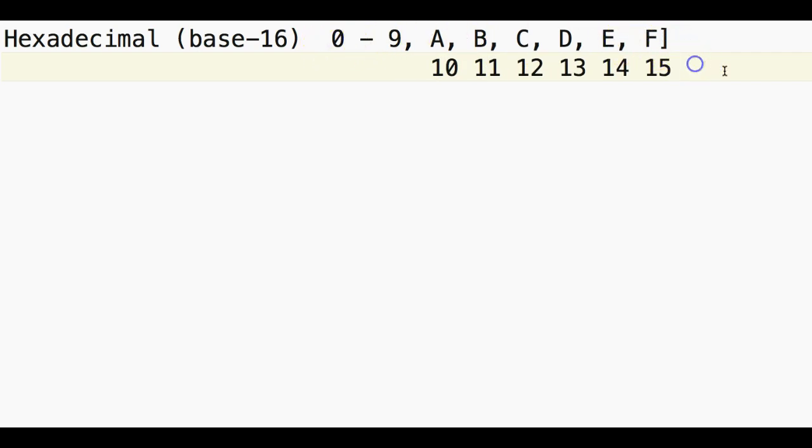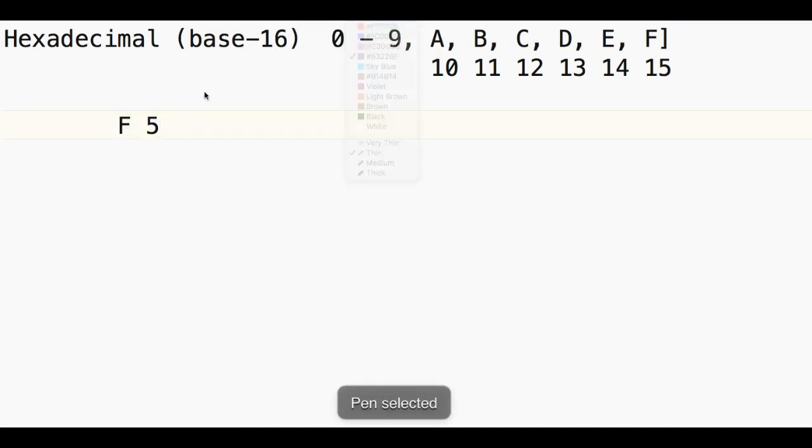So a hexadecimal number may look a little bit weird, like this is a hexadecimal number, F5. Yes, F5, that's a number. So how do I convert that to decimal? What does F5 mean? So let's think about this base 16 stuff. When we had base 10 or base 2, that was telling us the power to the base we should use in our exponent down here. So let's go ahead and do the same thing we did before.